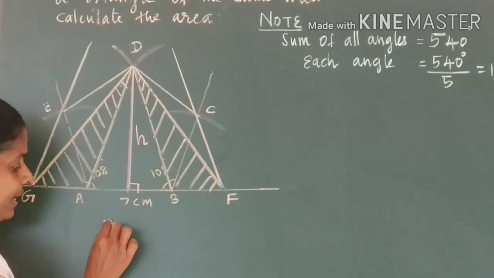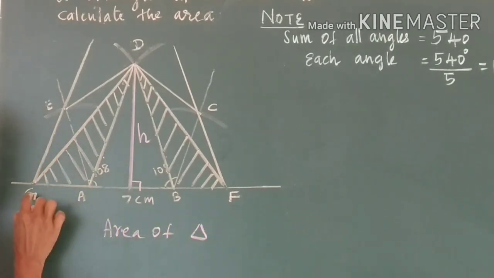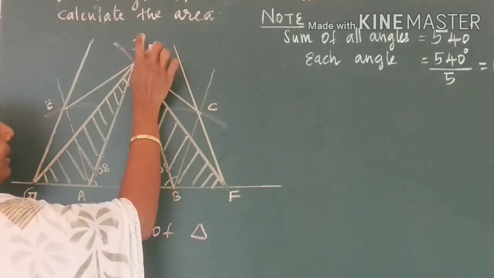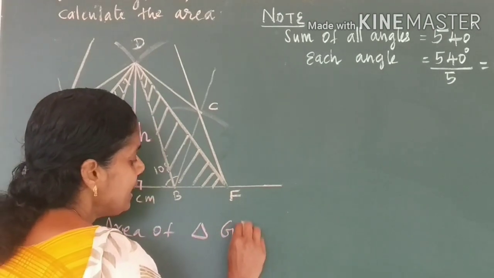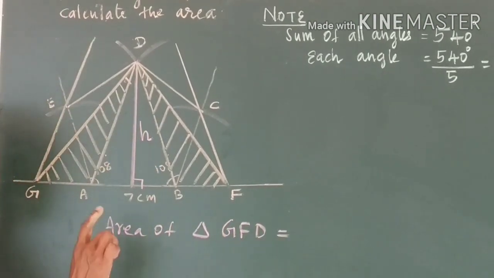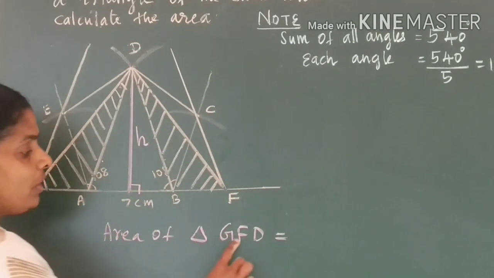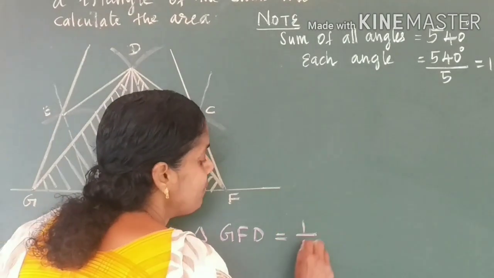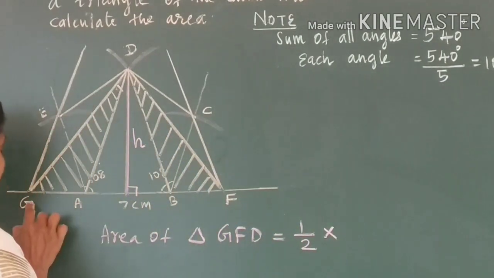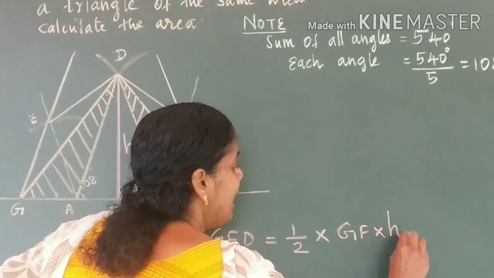Now to get the area of triangle GFD. Area of triangle GFD is equal to the area of the pentagon ABCDE. Area of the triangle is equal to half into the base. Base is GF into height.